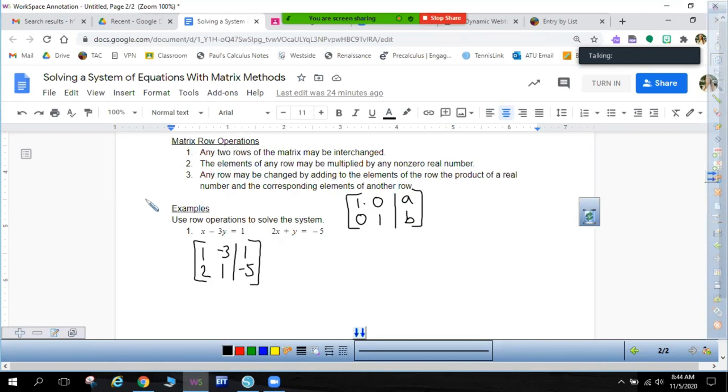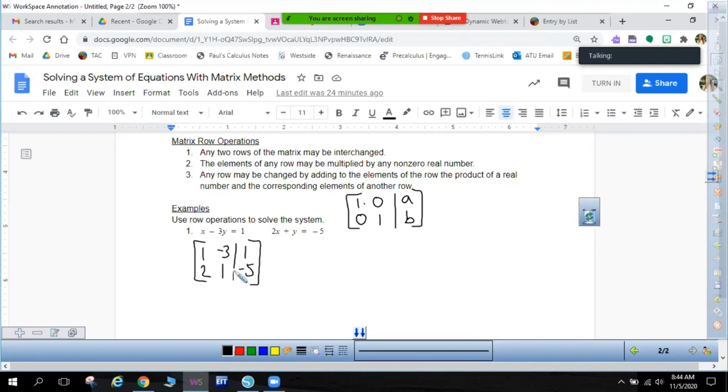Okay, so right now our matrix has 1s where they're supposed to have 1s, but this -3 needs to be a 0, and this 2 needs to be a 0. So we work row by row. In the first row, we have a 1 where we're supposed to. We need to change this -3 so that it becomes a 0. So the way that we're going to do that is by using this third row operation that we said was a little bit confusing.